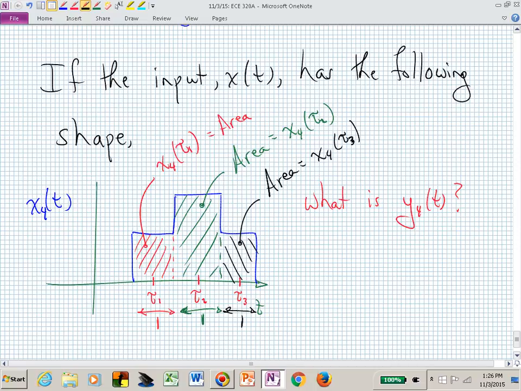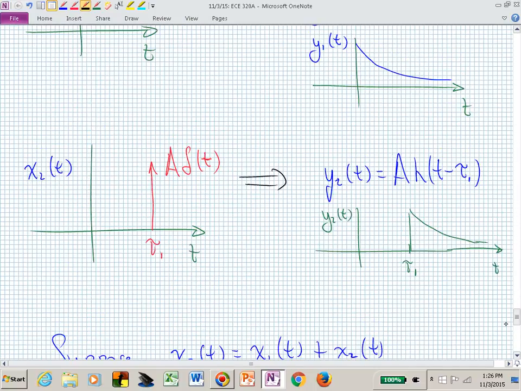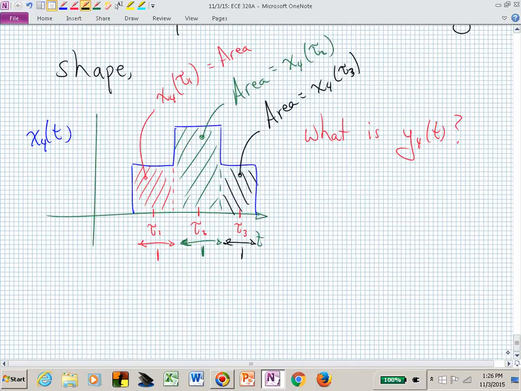All right, now I've said, let's take those areas and move forward, or go back to how we know how to work this problem. We know how to work this problem if our inputs were impulses. We know roughly where to put those impulses. Let's put them right at tau 1, tau 2, and tau 3, and then you'll be able to give me an answer.